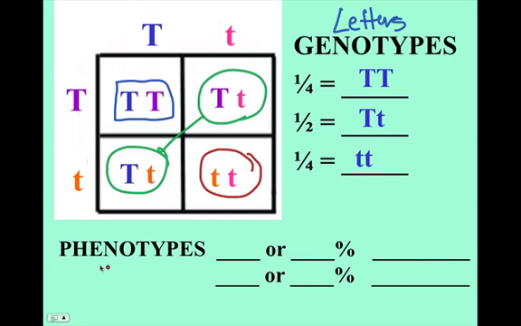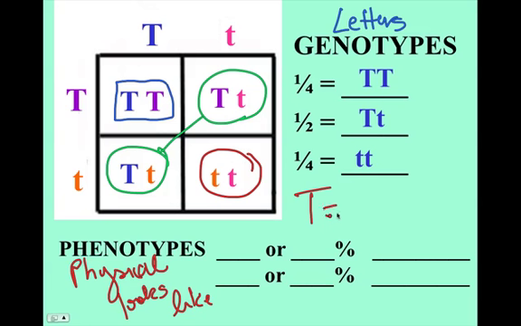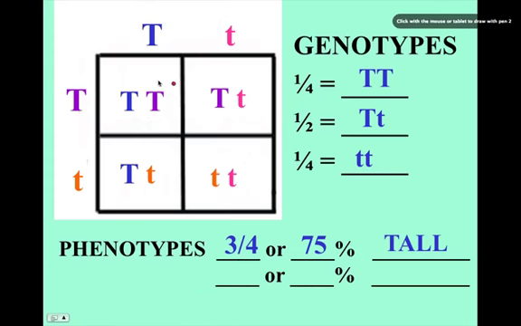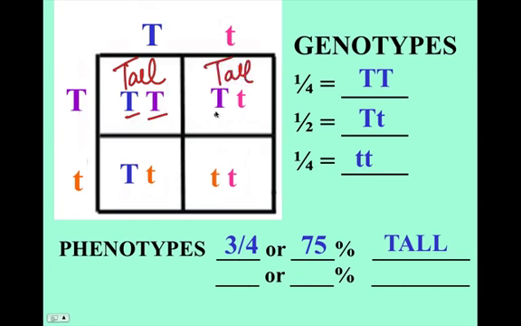Remember that phenotype is the physical features or what it looks like. And we said big T equals tall and little t is short. Okay? So 3/4 or 75% are going to be tall. Because as we're looking, this is tall, 2 big T's. This is tall because the dominant outweighs the recessive.